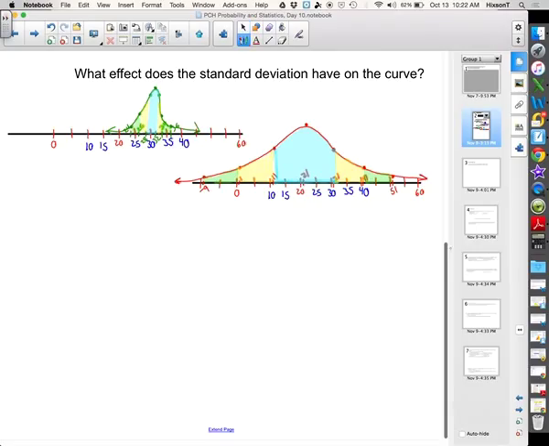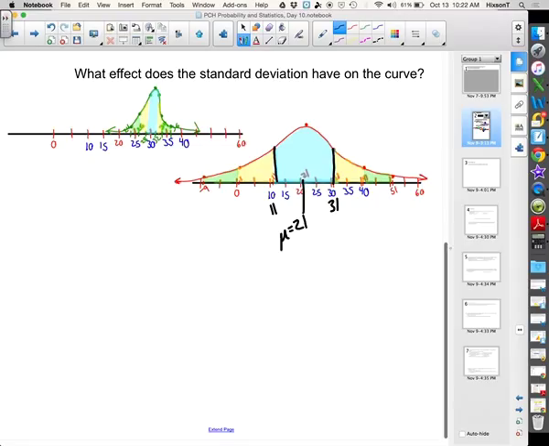Here is our mean. And then if we're within one standard deviation, we're going from 11 up to 31, okay, since our mean is 21. And what percentage of our data lies within that range?